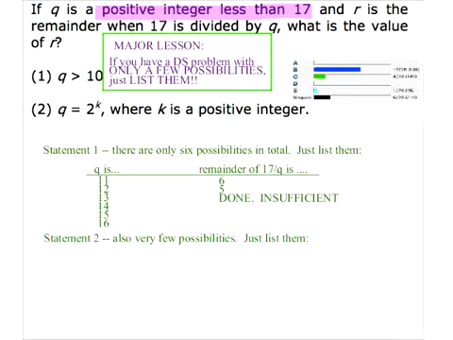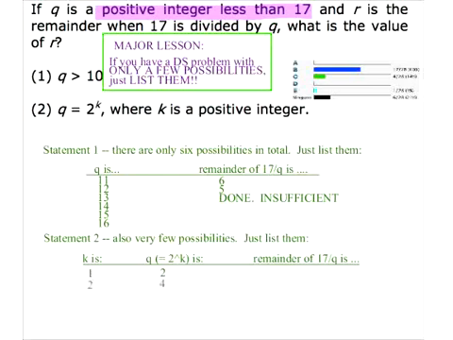So K is, so Q, which is 2 to the K, would become, and then the remainder of 17 divided by Q. If K is 1, then 2 to the K is 2. If K is 2, then 2 to the 2 is 4.